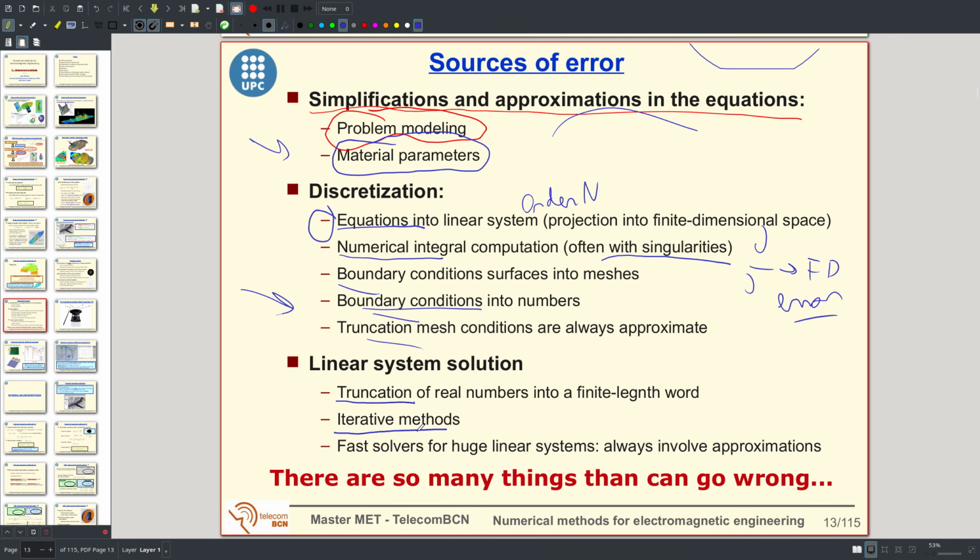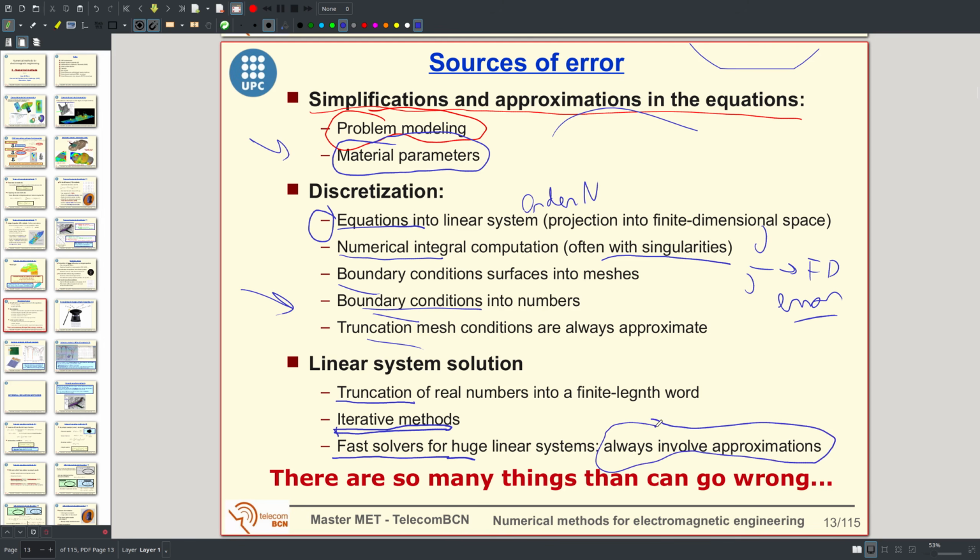So this also introduces an error, because we don't stop the iteration when we have achieved convergence to the exact solution, I mean the solution of the direct solver, but we stop the iteration as soon as possible in order to save computation time. This introduces error. And also, when the system is very, very large and we use a fast solver, fast solvers always involve approximations.